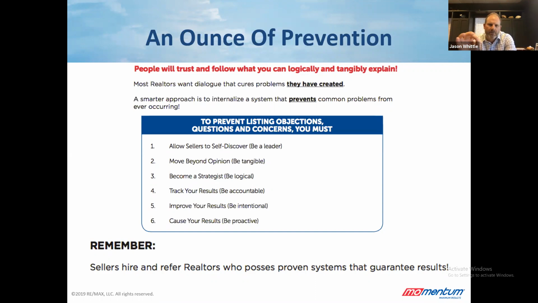It's not going to take away all of your objections, but it's going to really help with your pricing objections. Like if someone wants to price too high, and that's if you truly are using the listing conversation piece in the pricing strategy, the 7-step pricing strategy. If you're allowing them to self-discover, that's going to eliminate a lot of the, hey, I want to price it up here.